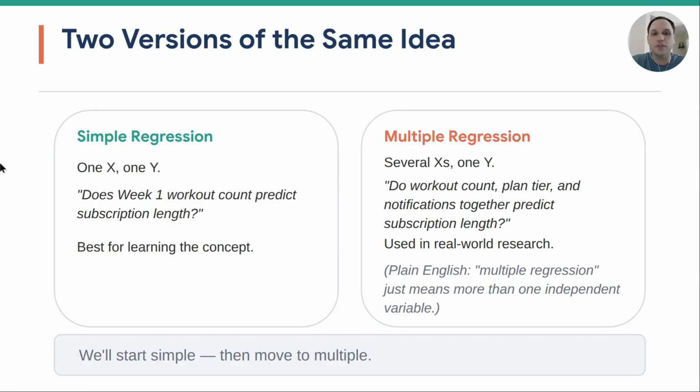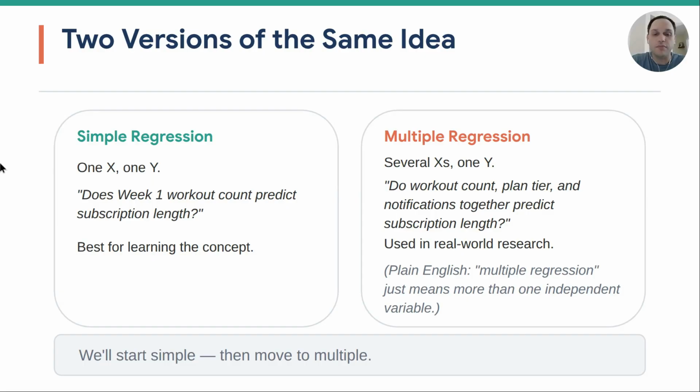There are two versions of regression, and they're really the same idea at different levels of complexity. Simple regression involves one X and one Y, a single relationship you want to understand. Does week 1 workout count predict how long someone stays subscribed? Multiple regression involves several X's and one Y, several factors examined simultaneously.